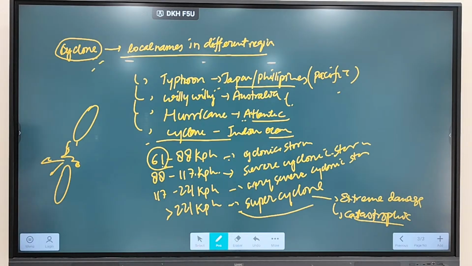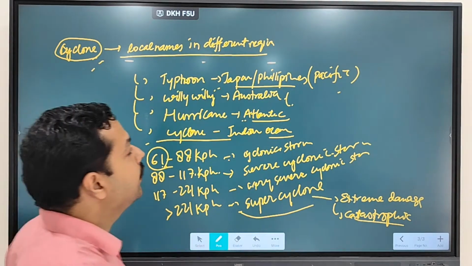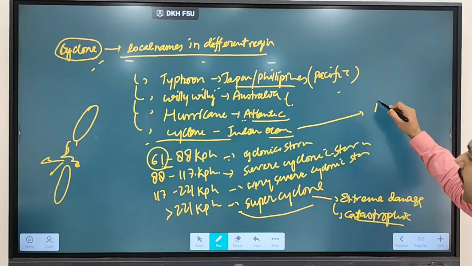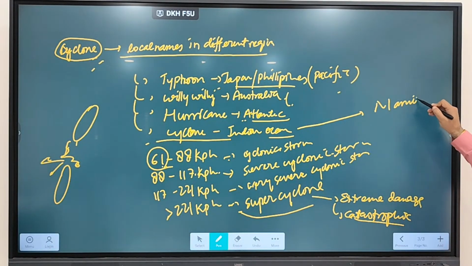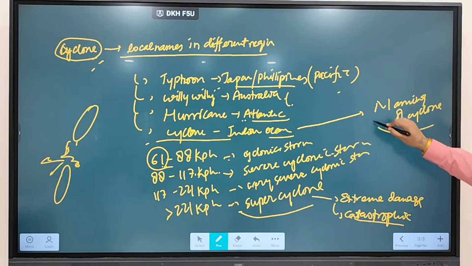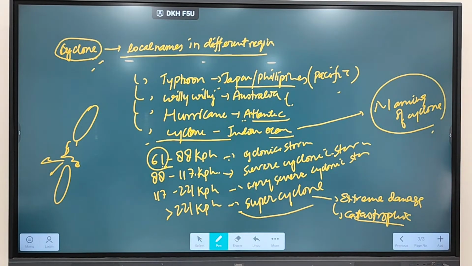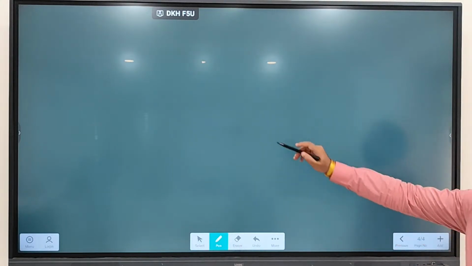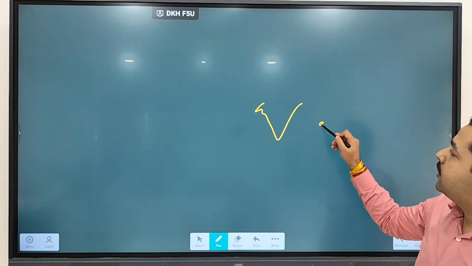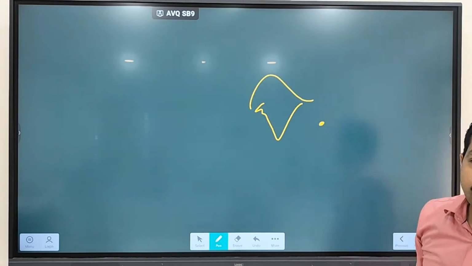Now another important thing is the naming of cyclones, how the cyclones are named, what is the procedure to name a cyclone. Clear? So when cyclones originate in the Indian Ocean region, what can be there?